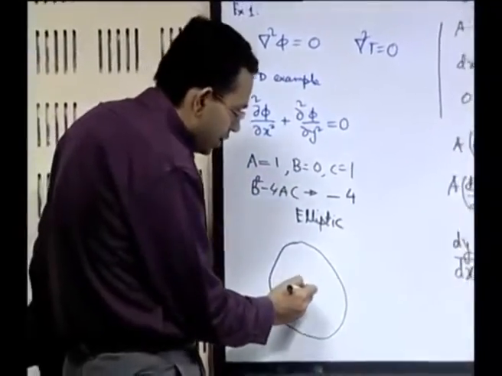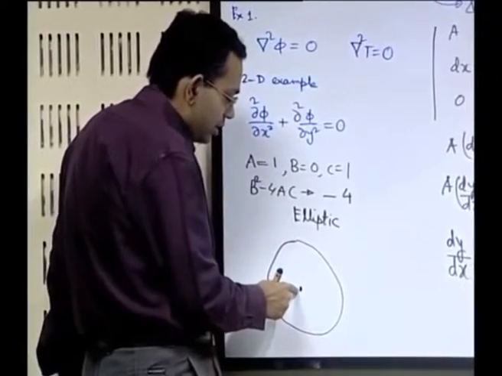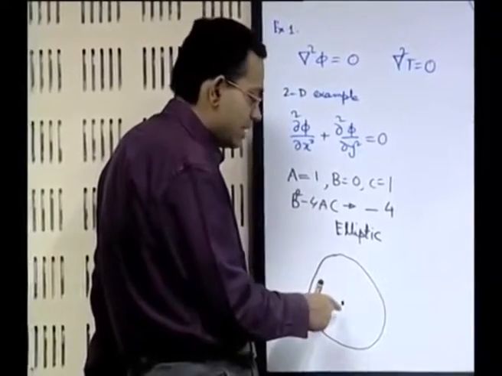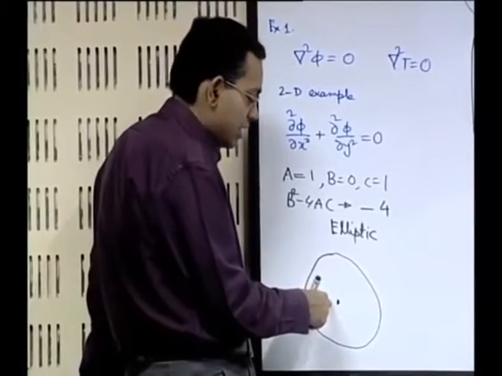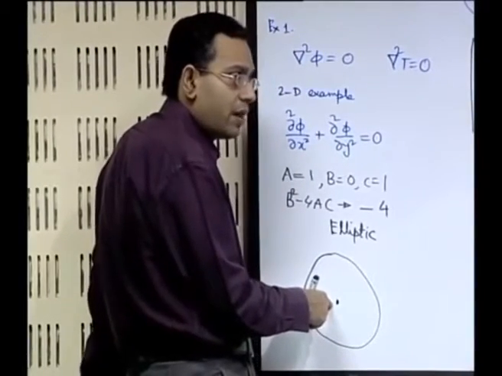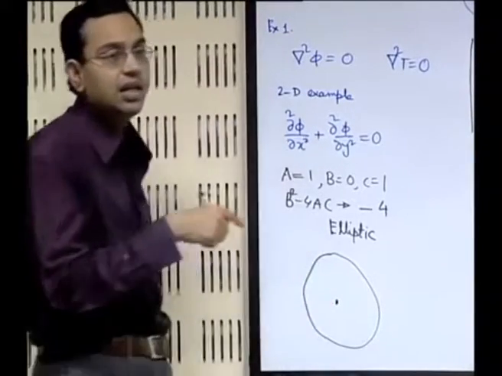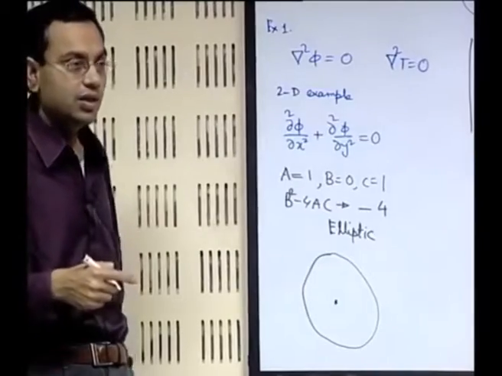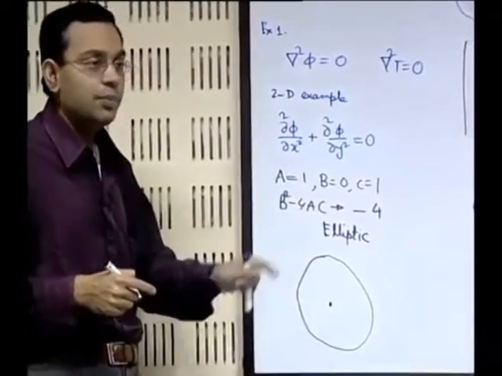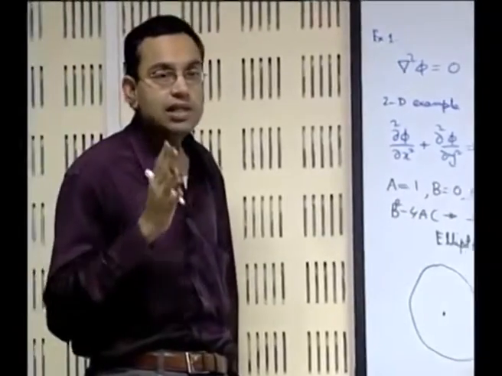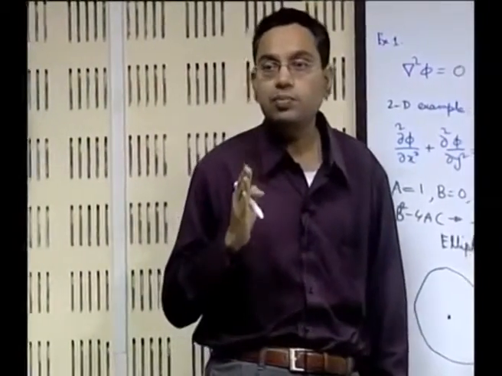Now suddenly you heat some location of the domain, as if there is a heat source at some point of the domain, and you are activating this heat source, maybe in an electrically heated situation, so that the domain gets heated up at that location. That means you are disturbing the initial temperature profile.